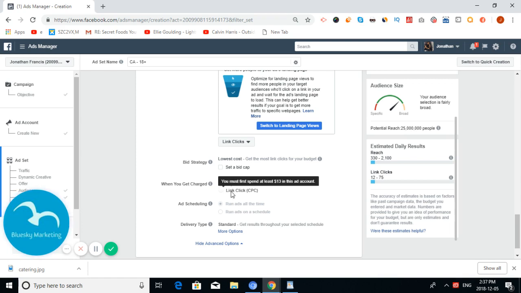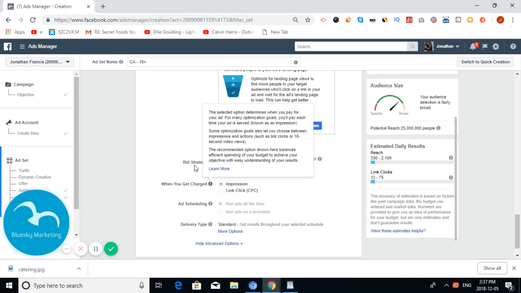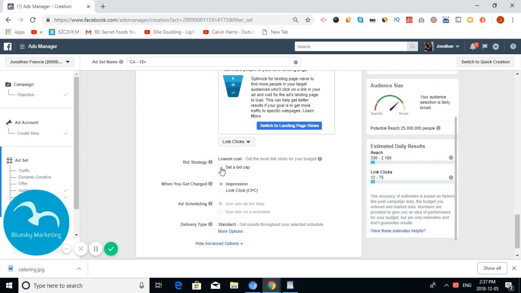And then when that happens, Facebook is going to ask you right here to set a bid cap. And that is how much you're willing to pay per click over to your website. If this sounds confusing, then I apologize. I'm going to say it a lot more clearly, but it will make sense definitely as you get more into your ads. Every time someone comes to your website, you don't want to spend so much money just to get someone to come to your website, right?